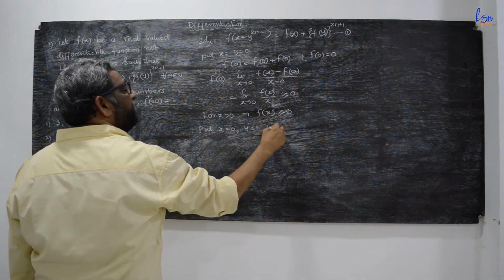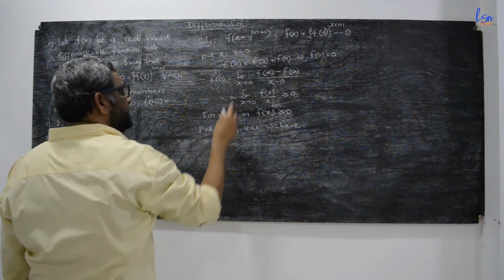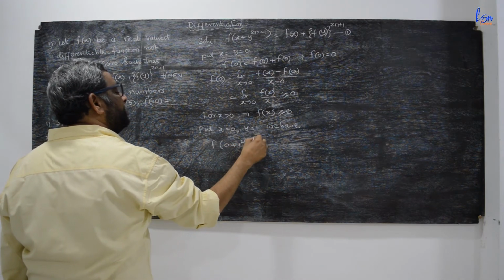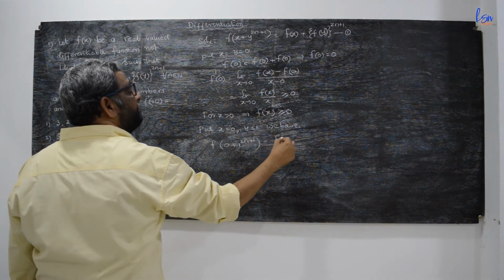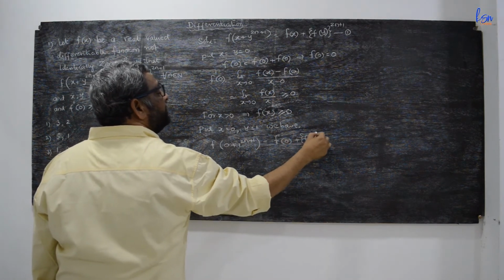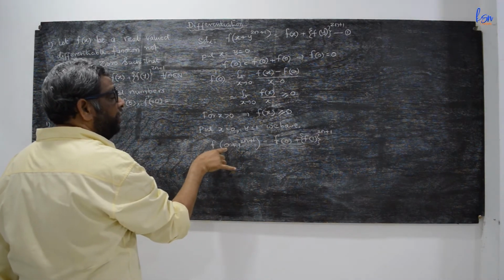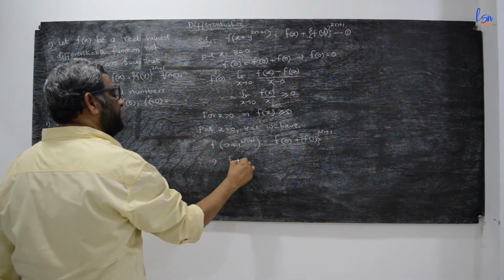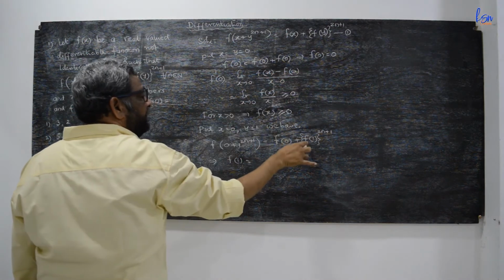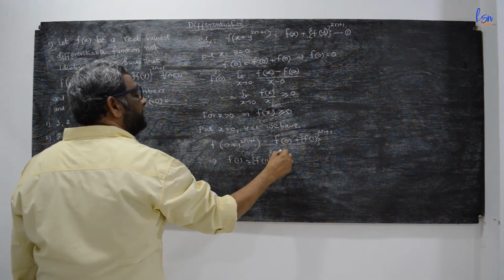We have f((0 + 1)^(2n+1)) is equal to (f(0) + f(1))^(2n+1). Here 0 plus 1 to the power of 2n plus 1 is 1, so f(1), and f(0) is already observed to be 0, therefore this is f(1)^(2n+1).